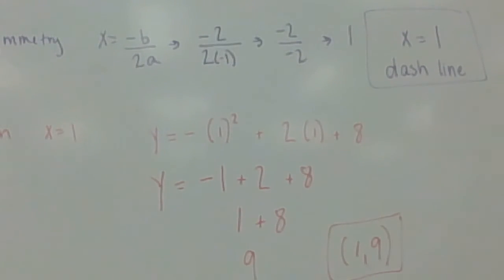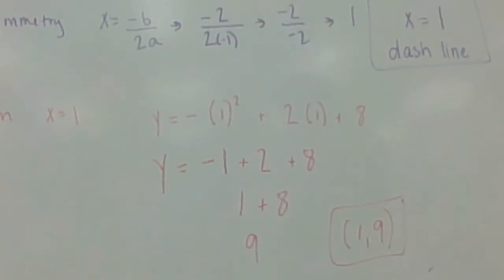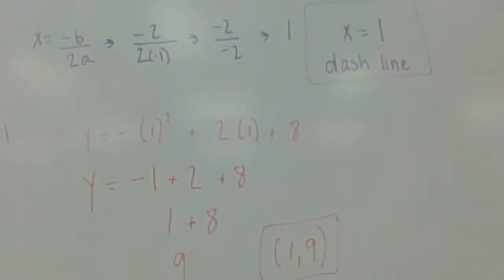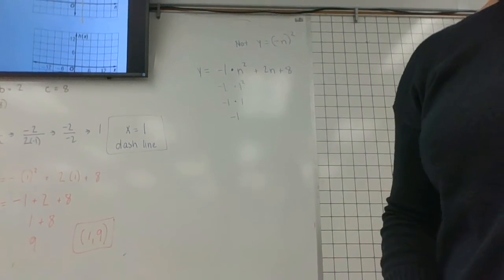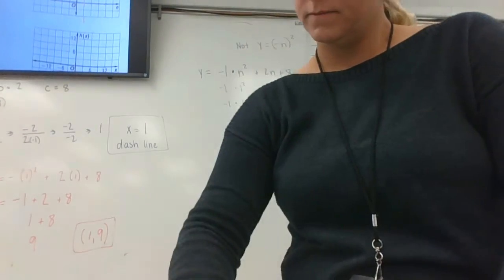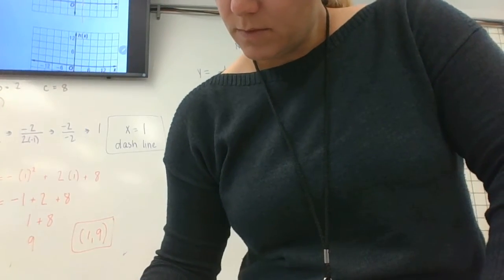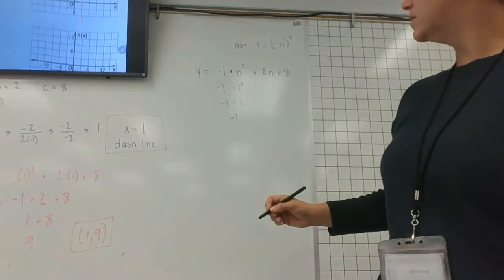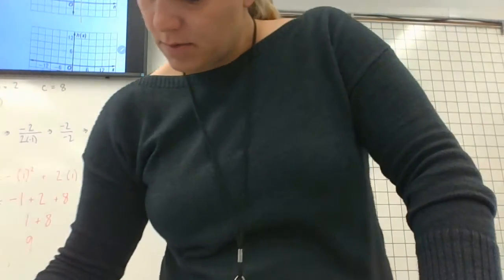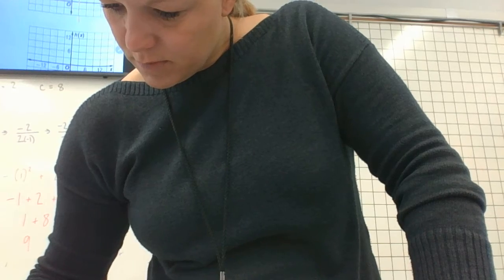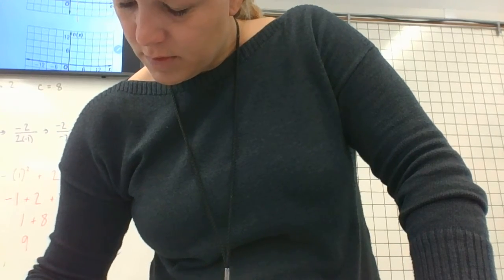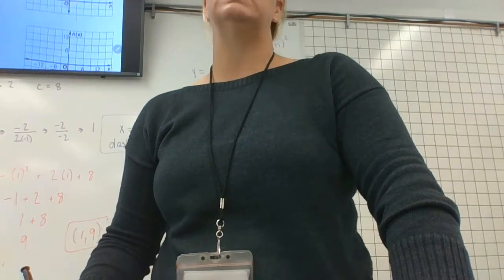Alright, now head to the table. My question was how many times do you have to go up on that dot? You've got to go up 8, because that's the Y-intercept.